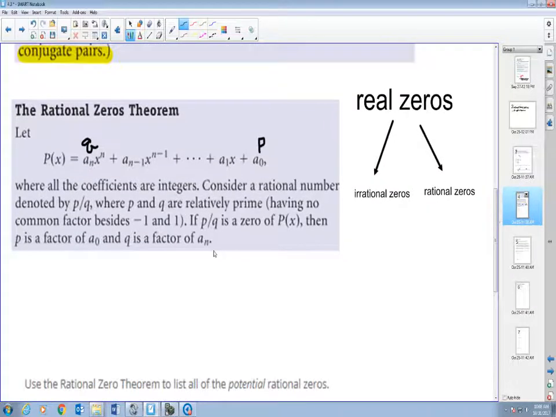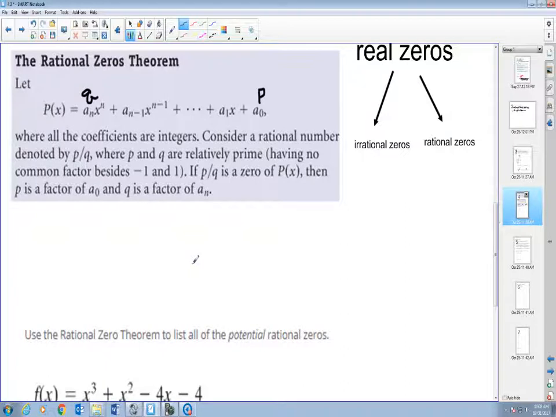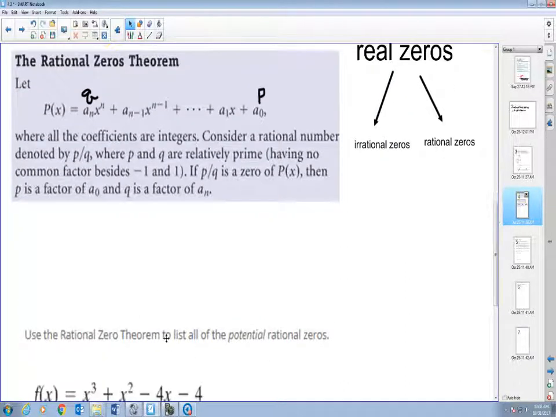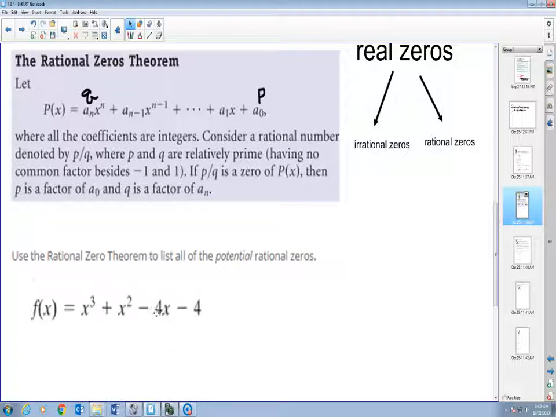Okay, so what's going on here is this: with the rational zero theorem, the p over q, use the rational theorem to list all the potential, that's the key word right here, all the potential rational zeros we can have.